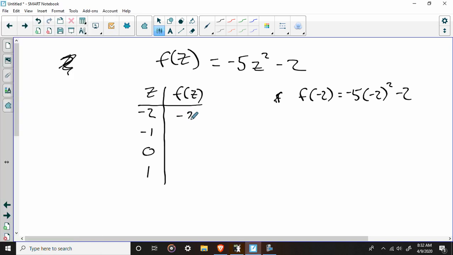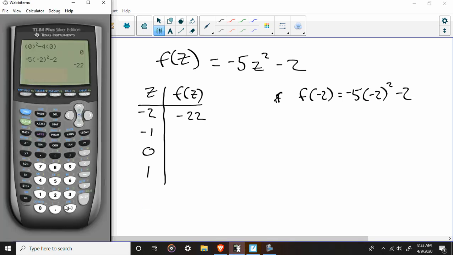But I do want to caution you here. If you don't put this inside parentheses, which some of you guys are going to do, it's going to give you the wrong answer. So if you say -5 times -2 squared minus 2, it's going to give you the wrong answer.